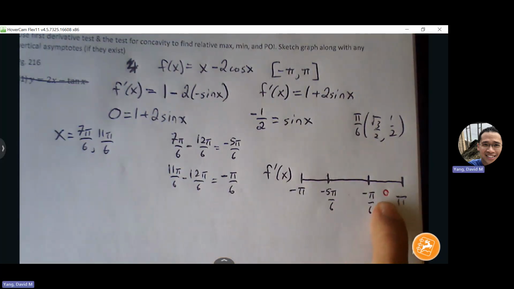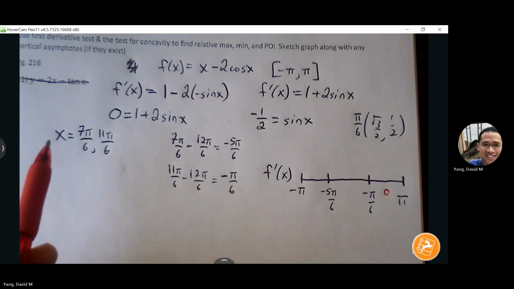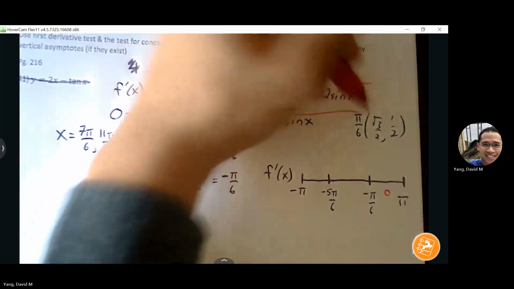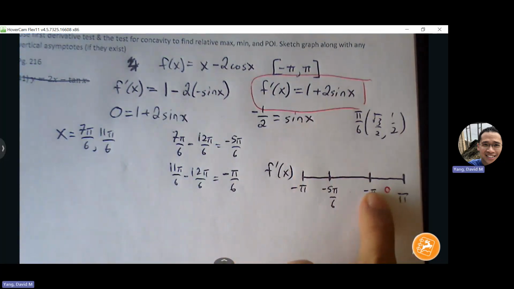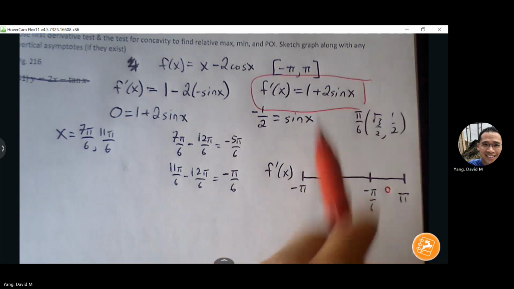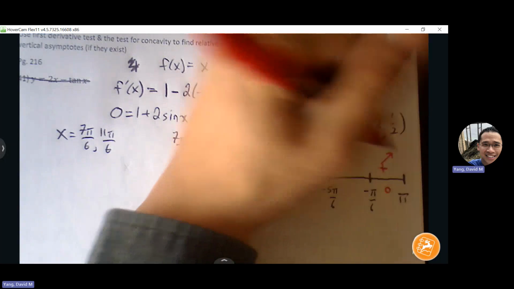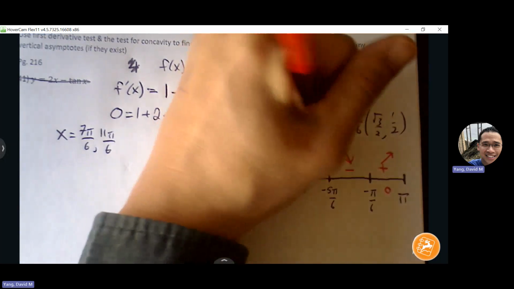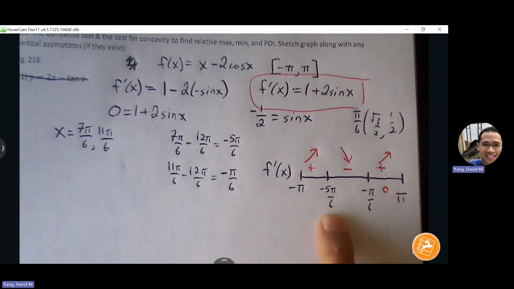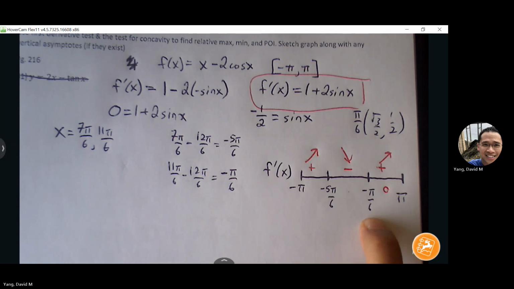Where can I test 0 with? F prime. What's 1 plus 2 sine of 0? Positive or negative? Positive. So if this is positive, then this must be negative, and this must be positive. Right? What do you expect at -5pi/6? Well, relative max. At -5pi/6, you expect a relative min.